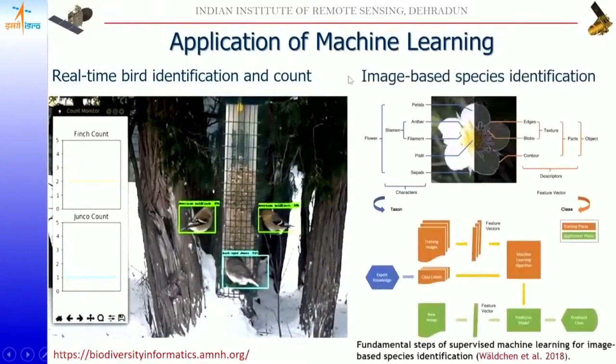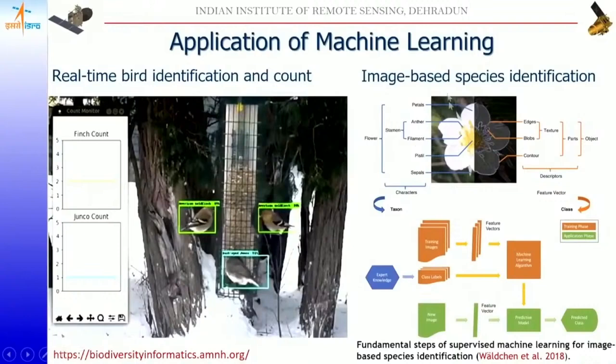Another interesting aspect is image based species identification or recognition, and lots of applications are being developed for the identification of plant species especially, or butterflies or other groups of species.